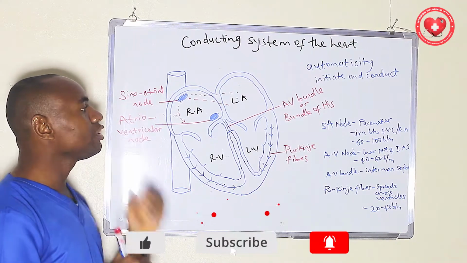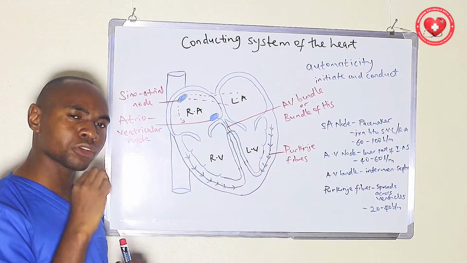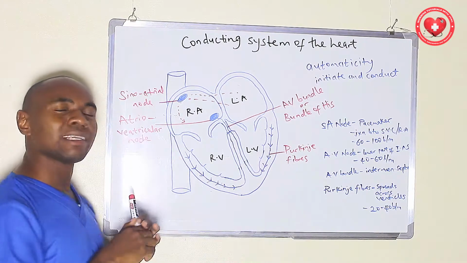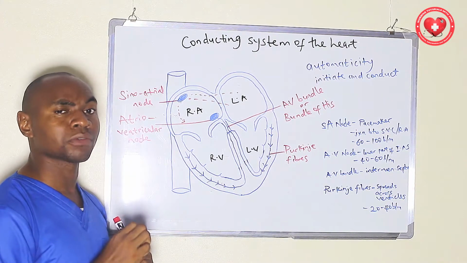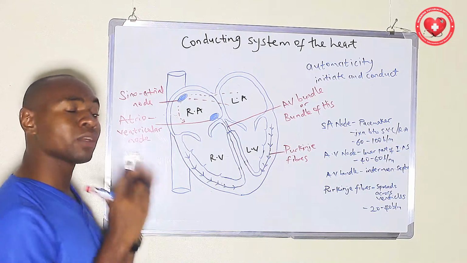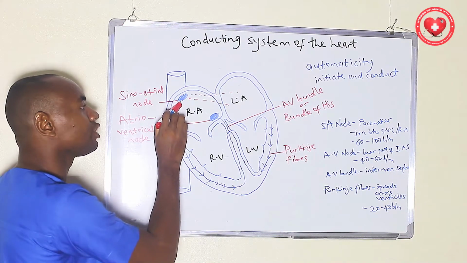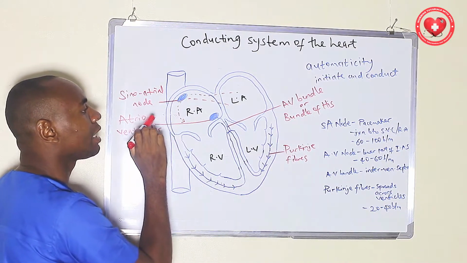Now, the sinoatrial node. This is the main structure within the heart that initiates electrical impulses. We call it the pacemaker of the heart. Why? Because it is the structure that initiates impulses.